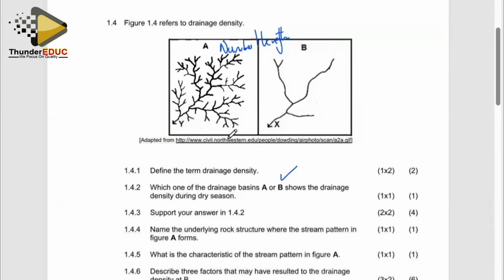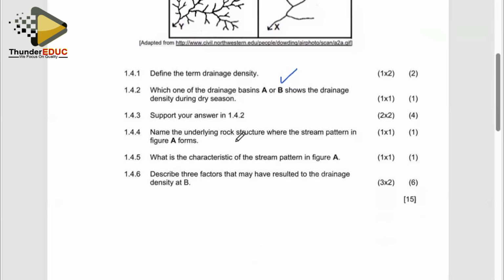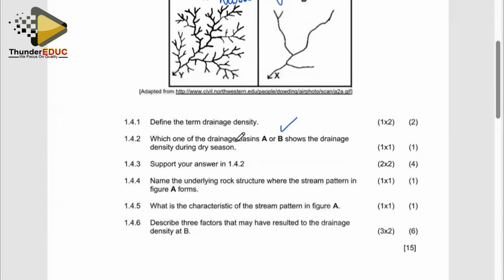And for that sake, it shows that this area here is the one that is most likely to be the drainage density during the dry season because of the less density of the streams. During the dry season, most streams dry up, and hence the drainage density will reduce. We have less streams. So if you are comparing those two, you tend to find that B is the one which has got the typical conditions of a dry season.